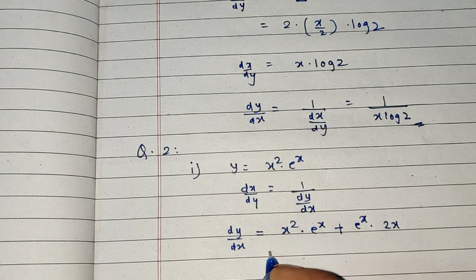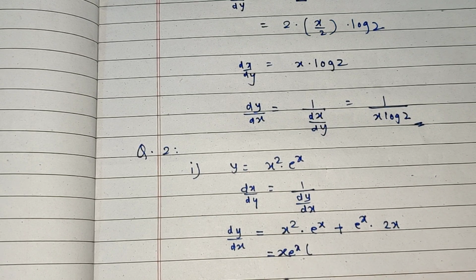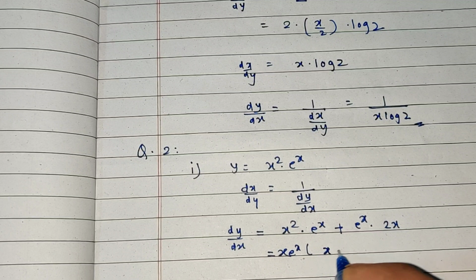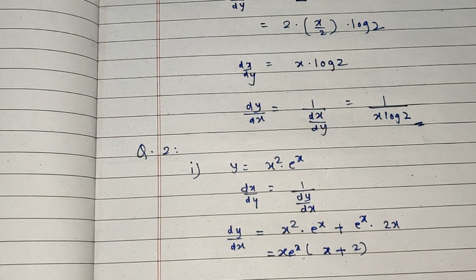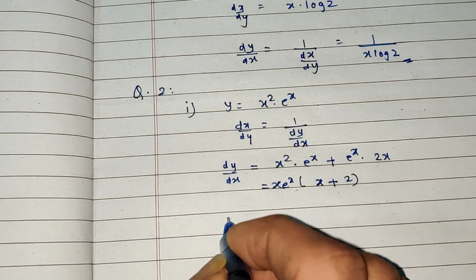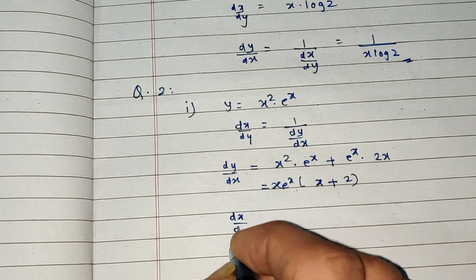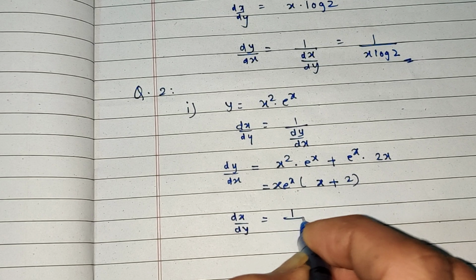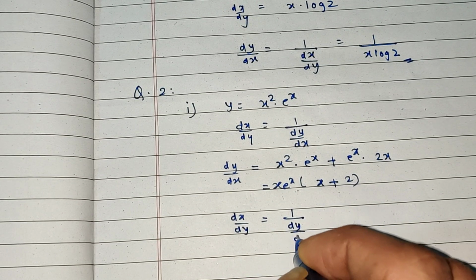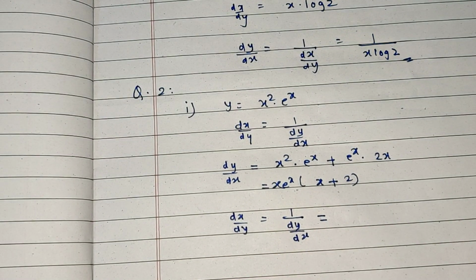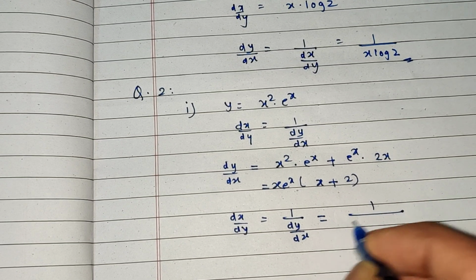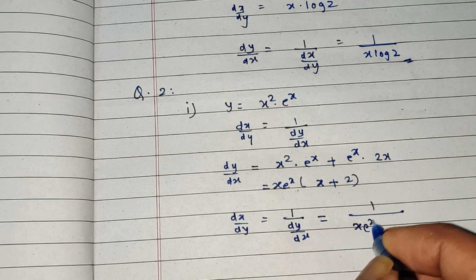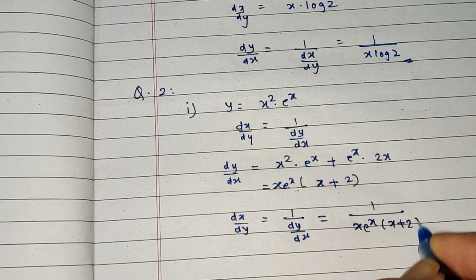You can take e raised to power x common from this, x also common from this, so it will be x plus 2, that is dy by dx. So dx by dy is equal to 1 upon dy by dx, which is 1 upon x e raised to power x, x plus 2.